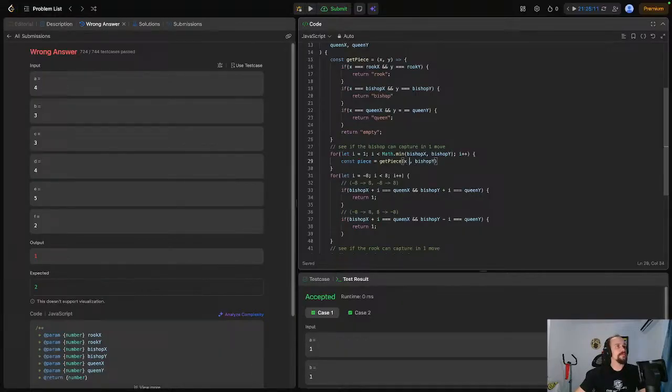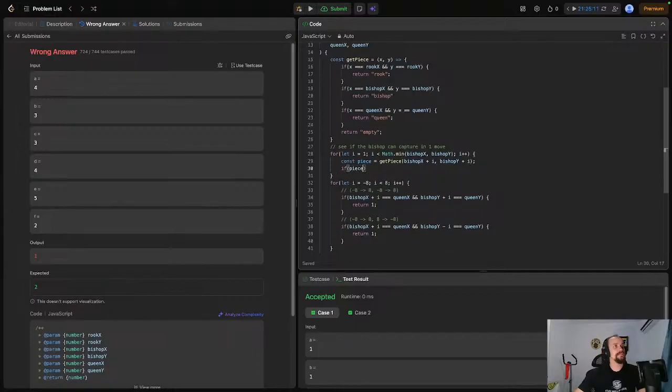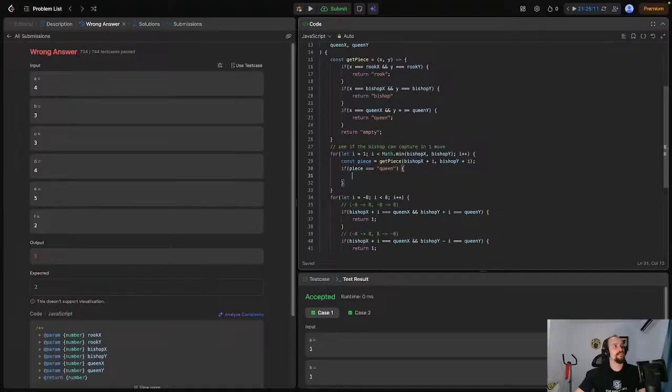And basically this will be the bishop x plus i, bishop y plus i. I'll say if piece equals queen, return 1.